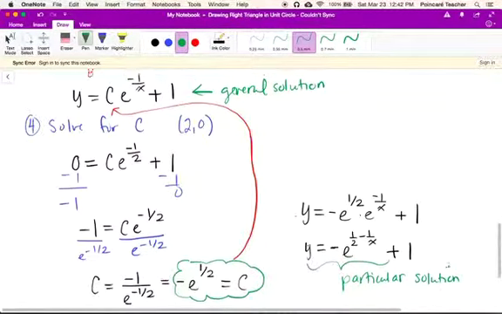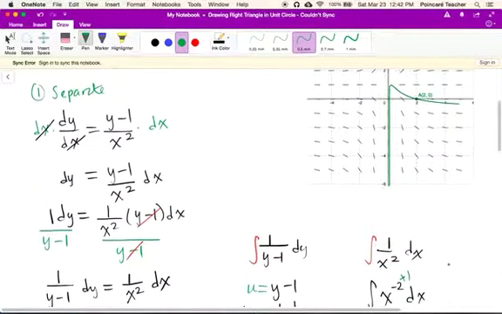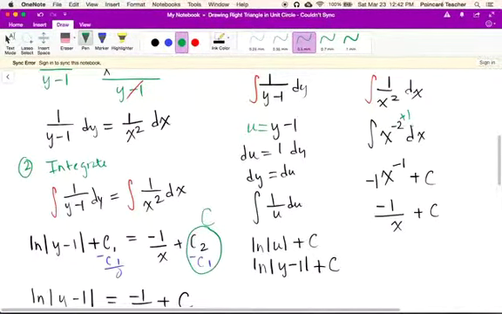Okay, just to summarize, the 4 steps still apply. There's the separating part, and then the integration part. The part that takes a good amount of time is the integration step. That's why it's important for you to be able to integrate quickly, but you do have to take your time to do it.